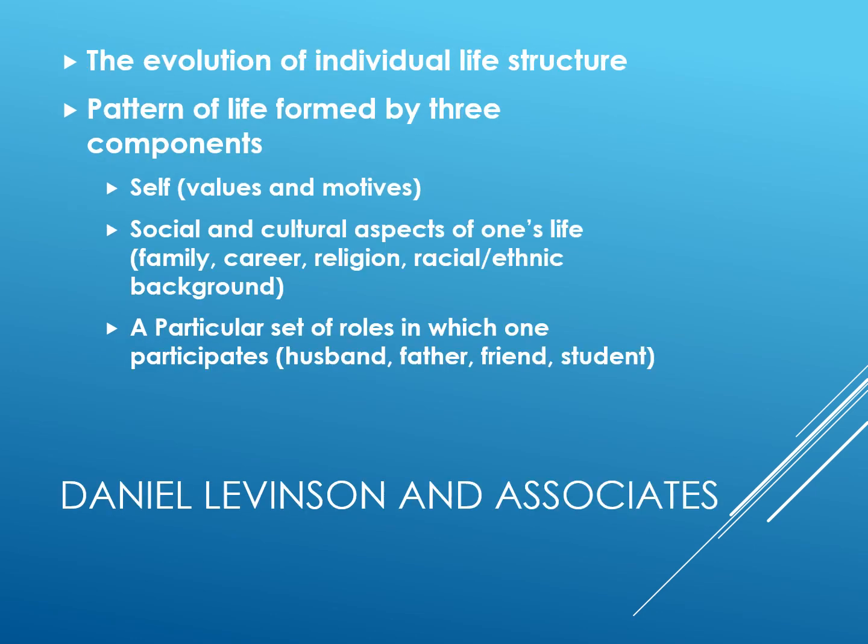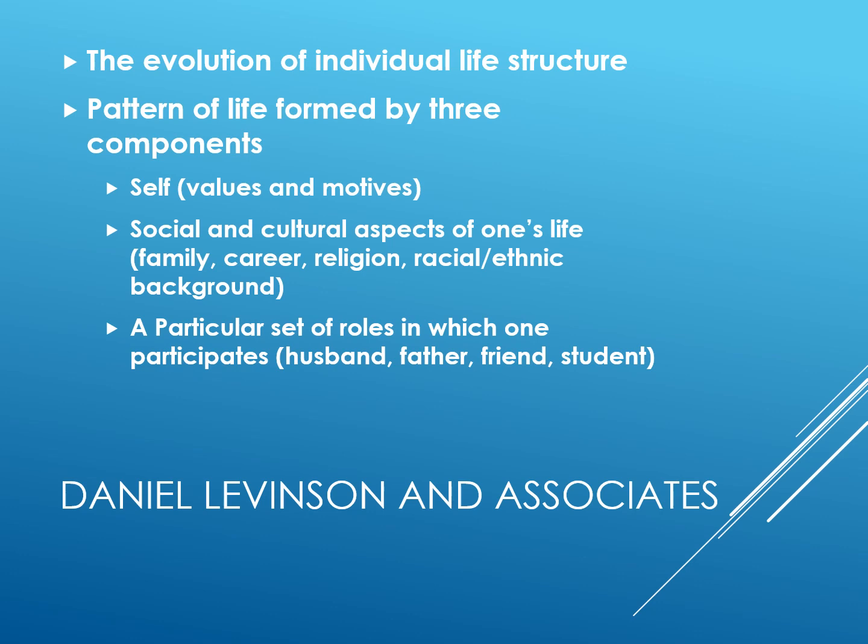Daniel Levinson and associates' theory is based on organizing concepts of the evolution of the individual life structure. The theory centers on the belief that the cycle of life at any point in time is formed by the interaction of three components. The first component is self, which includes values and motives.